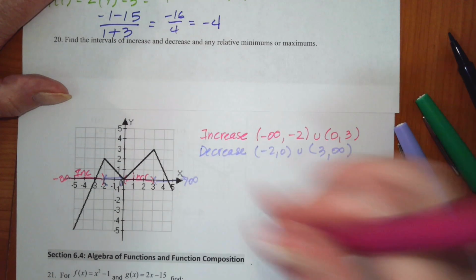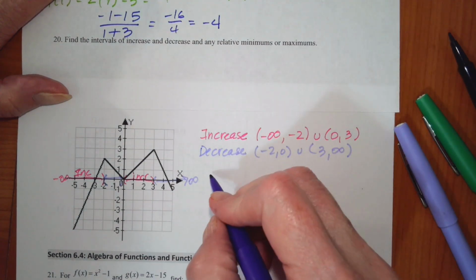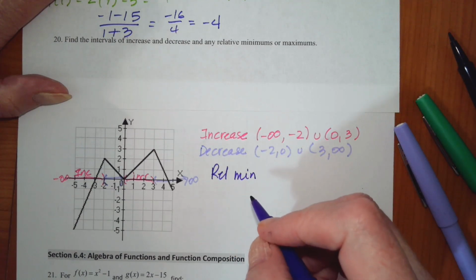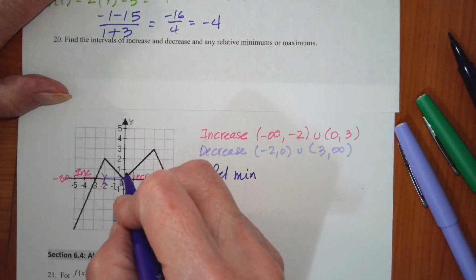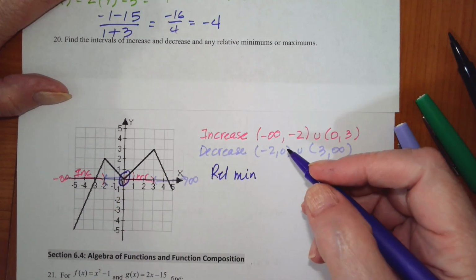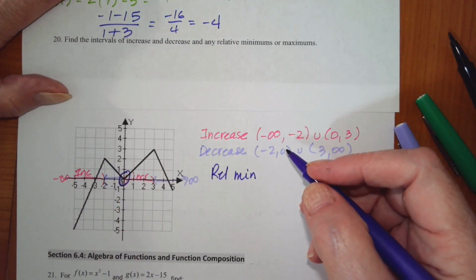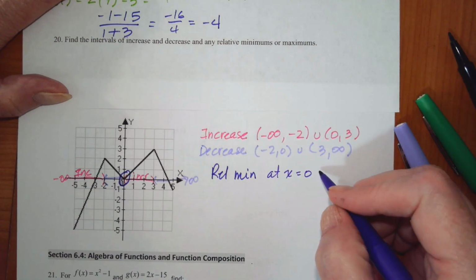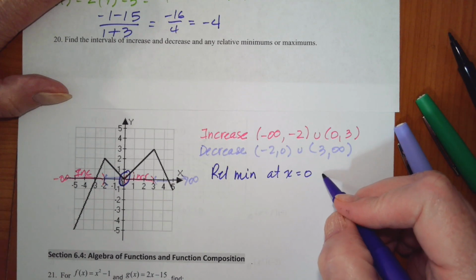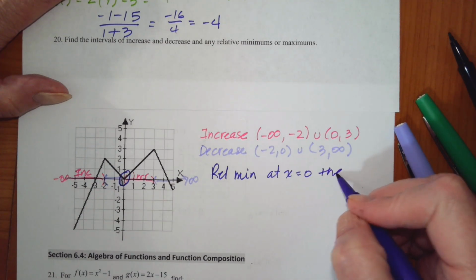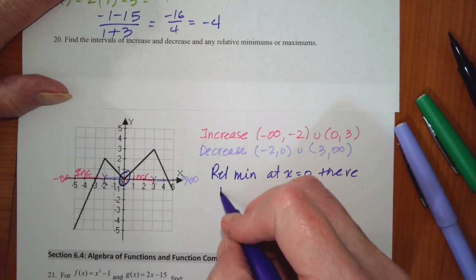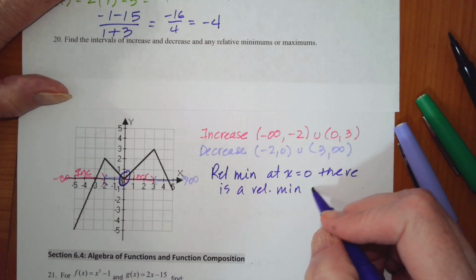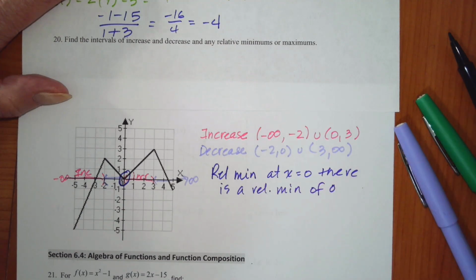Okay, so my relative max, or let's do a relative min. Peaks and valleys. So I have a relative min here. At x equals 0, there is a relative minimum of 0.